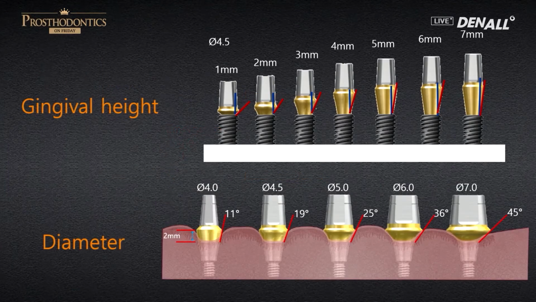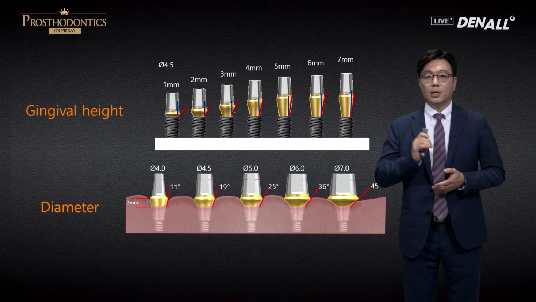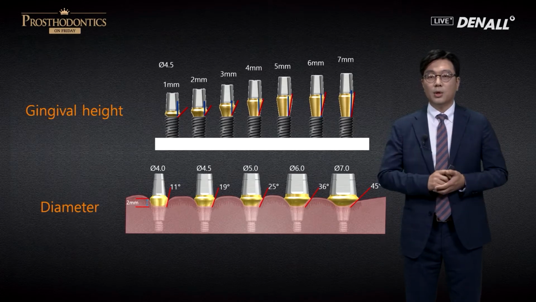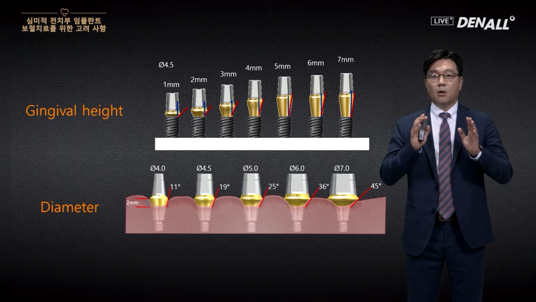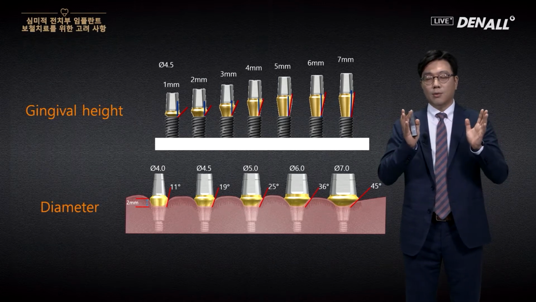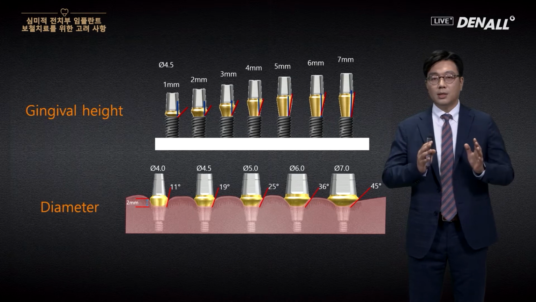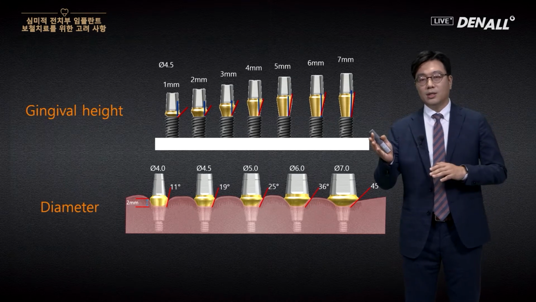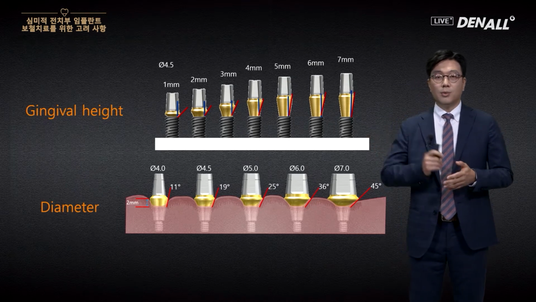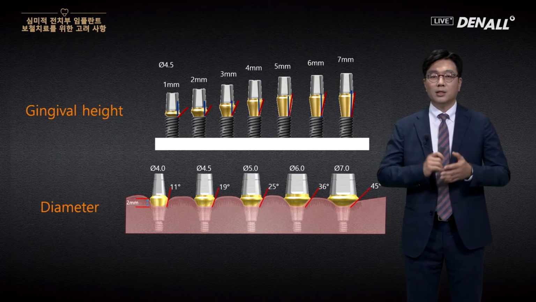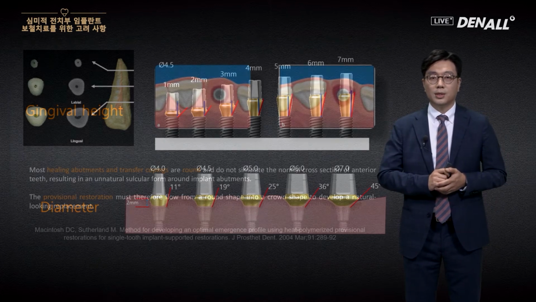In terms of the angle, gingiva height or diameter are used to explain the contour. Emergence profile, whether it is straight, concave, or convex, and emergence angle are not enough to explain them. There are more details to it.